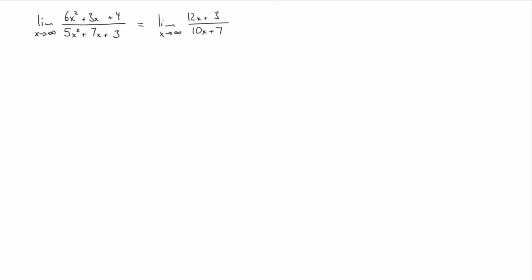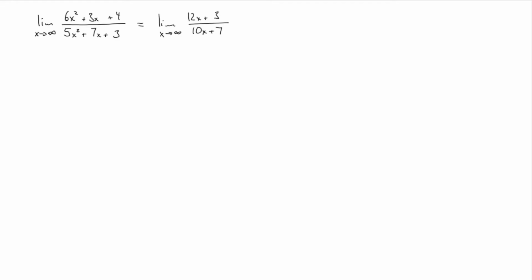And by L'Hopital's rule, this limit is equal to the limit of the derivative of the numerator divided by the derivative of the denominator, and the derivative of the numerator is 12x plus 3, and the derivative of the denominator is 10x plus 7. And how do you take this limit? Well, once again, we could use algebra and the limit laws, but once again, it's still of the form infinity over infinity.